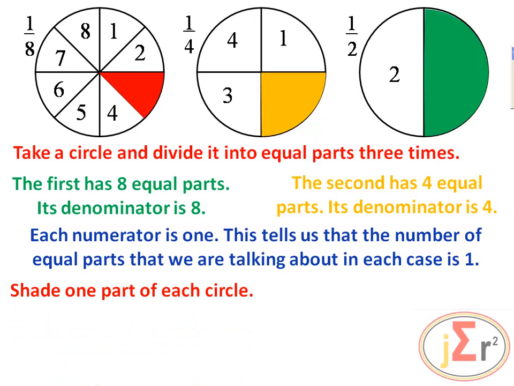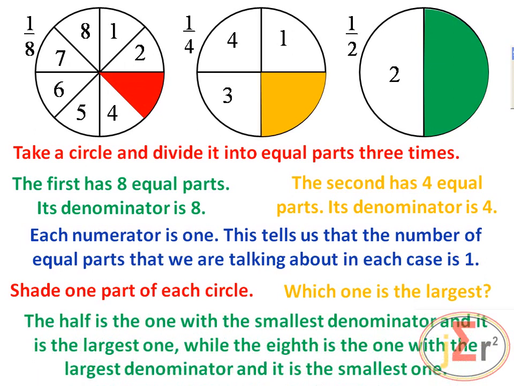Which part is the largest? Which of the shaded parts is the largest, Jerry? The half. The half, right. So it is the largest because its denominator is the smallest. The half is the one with the smallest denominator, and it is the largest section.